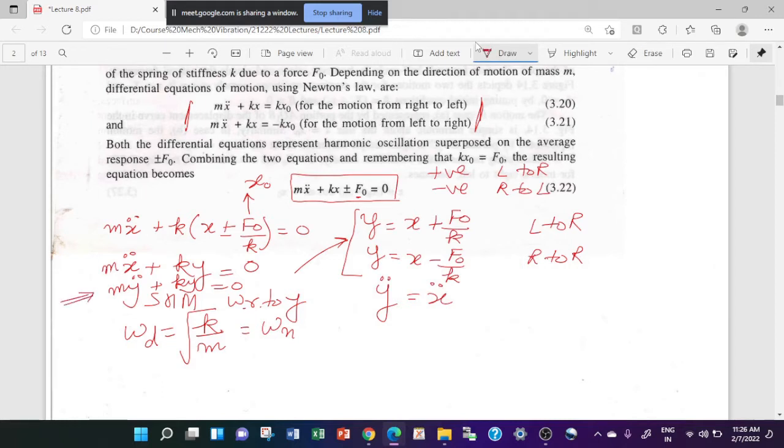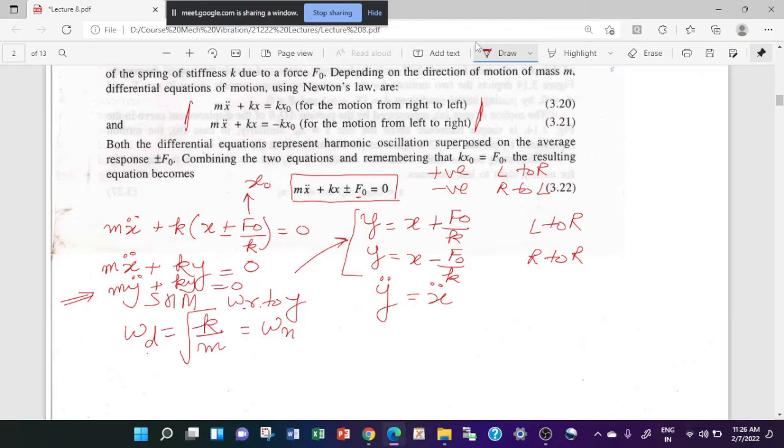Is it alright now? So here, this is just like your m x double dot plus k x equation, and this will be having a simple harmonic motion about y, having two different definitions of y for two half cycles, and it will be having a damped frequency given by k upon m is equal to omega, and this is basically given as omega n of undamped free vibrations.